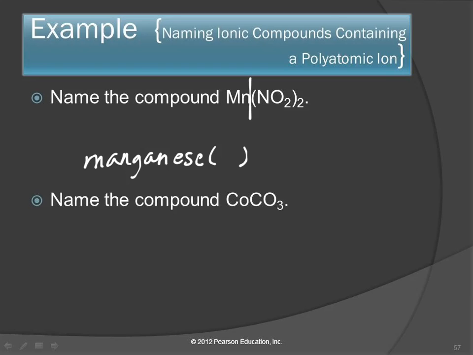So that's a polyatomic ion, isn't it? And you look at that and think, oh, that looks like that one she made us memorize. That was nitrate. But this has one fewer oxygen. This is the light version. That must be nitrite. So this is manganese something nitrite.